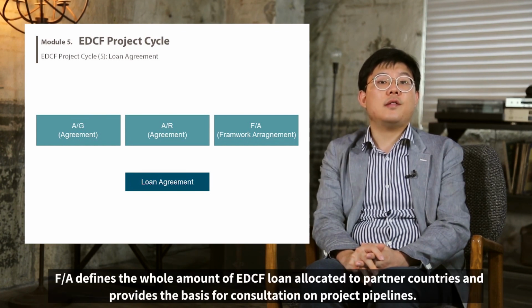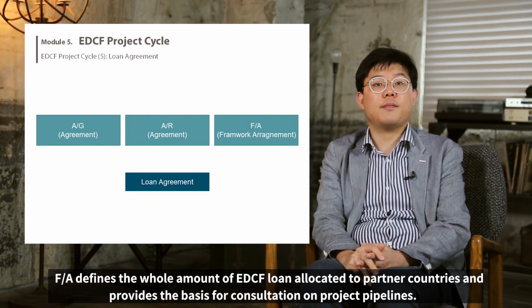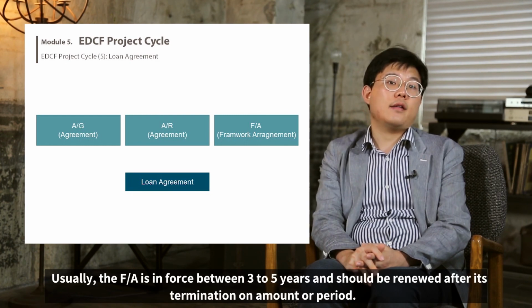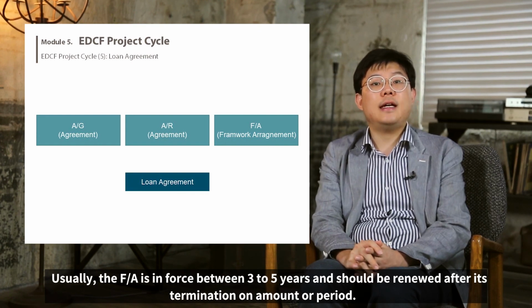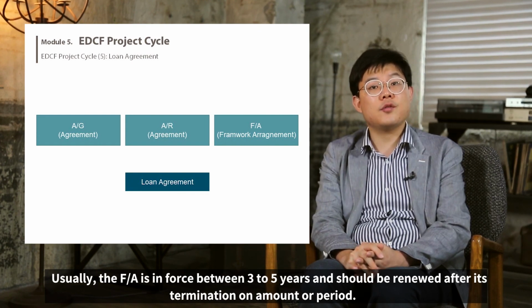FA defines the whole amount of EDCF loan allocated to partner countries and provides the basis for consultation on project pipelines.